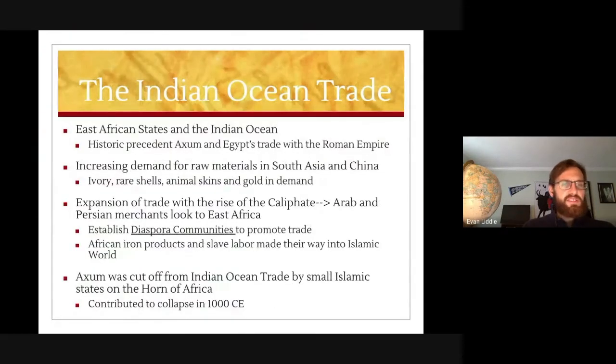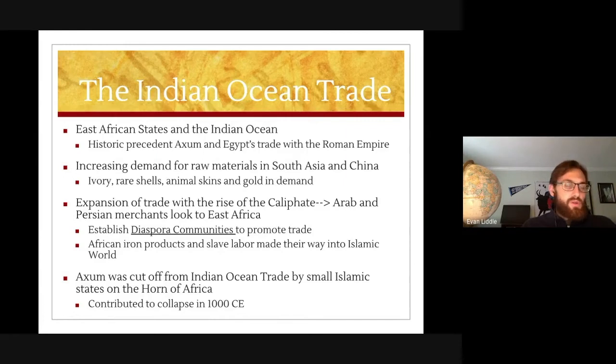Now, if we go to East Africa, we also find a historic precedent for their trade with the Indian Ocean. How does East Africa get roped into the Indian Ocean trade network? Well, just like Southeast Asia and parts of South Asia itself, the increasing demand for raw materials in other parts of the ocean trade system led to the creation of trade networks in these areas.